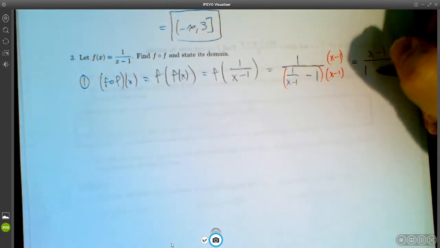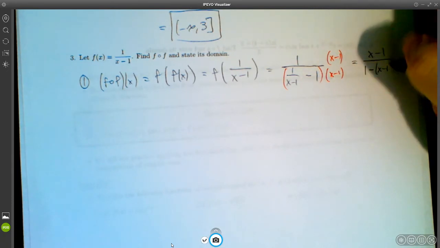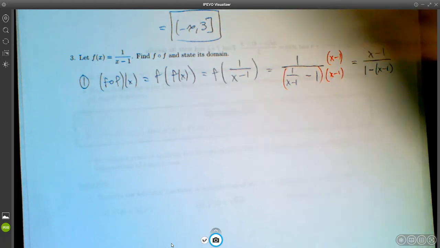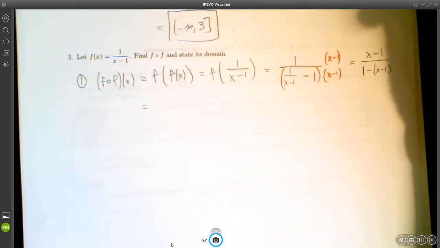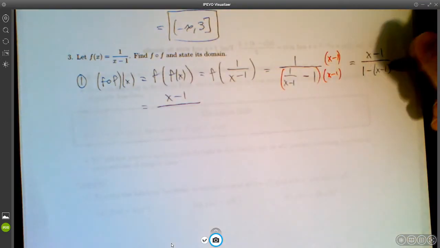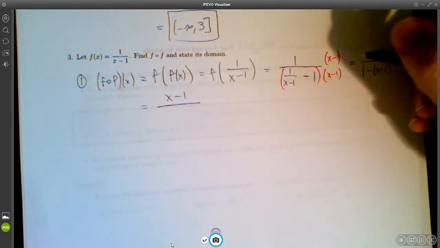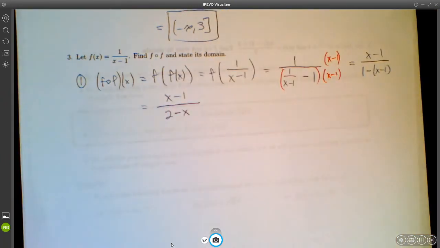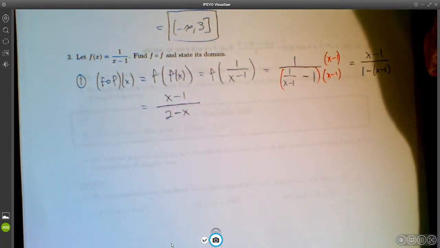If I distribute here, I get x minus 1. So this is x minus 1 over 1 minus negative 1, which is 1 plus 1, so that's 2. So it's x minus 1 over 2 minus x. Okay, so there's f of f.